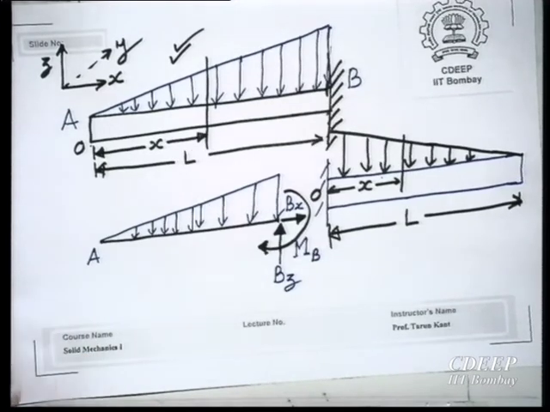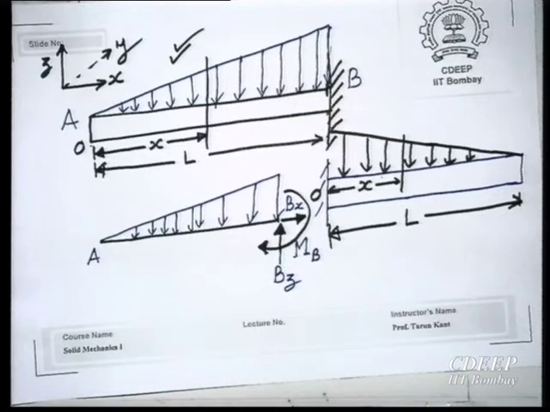Double subscript means moment about an axis, single subscript means only a force. But still it is not clear. I think the best thing is to use this: there is a vertical force, there is a horizontal force, and there is a moment about the y axis. So, this is MB. This is the free body diagram.